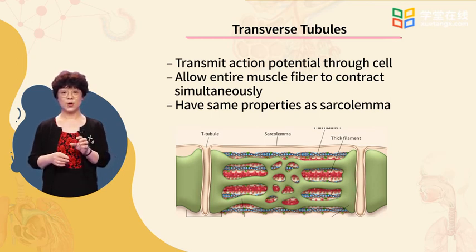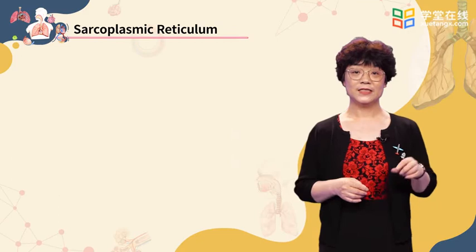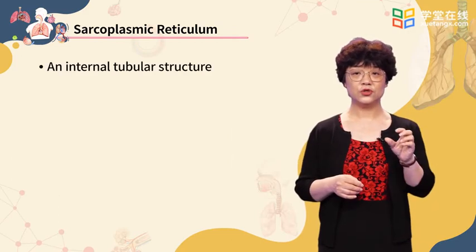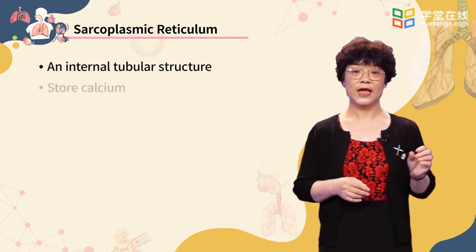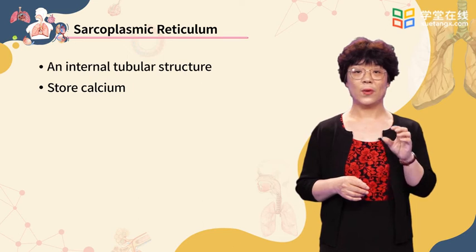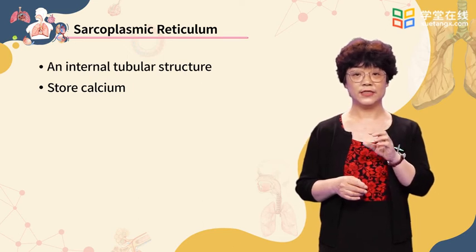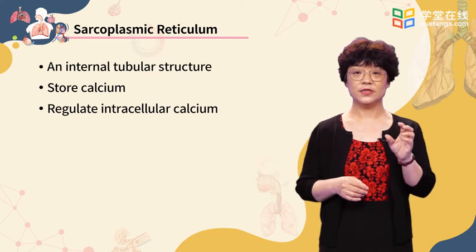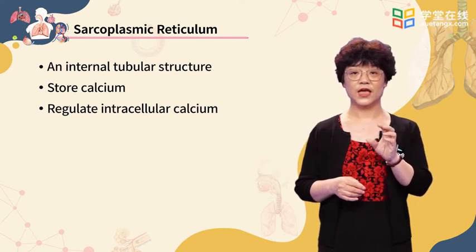T-tubules carry depolarization from the sarcolemma to the cell interior. The sarcoplasmic reticulum, SR, is an internal tubular structure. It stores calcium and releases it on demand when the muscle fiber is stimulated to contract. The SR regulates intracellular levels of calcium ions.